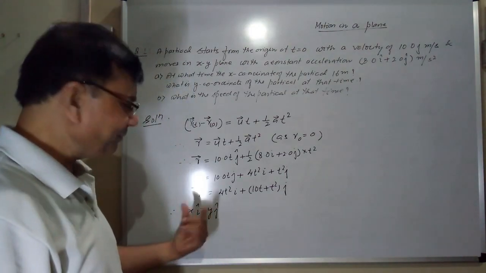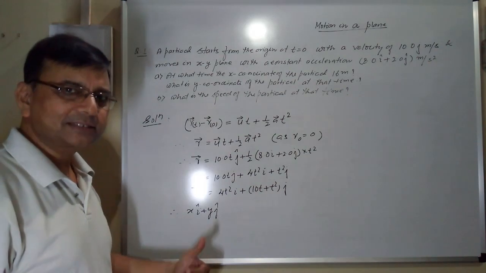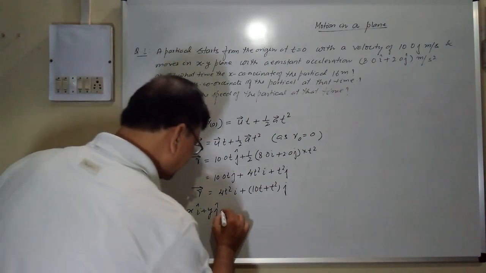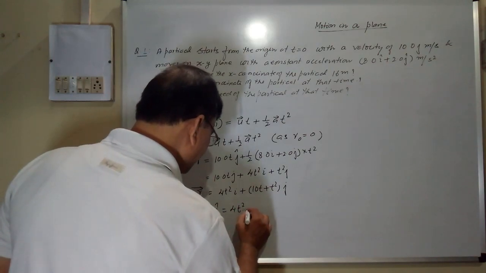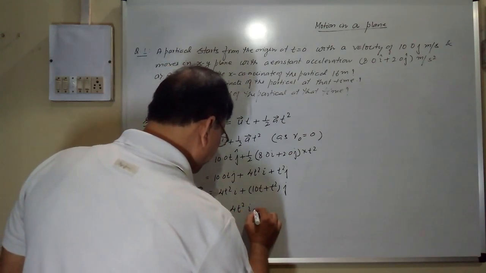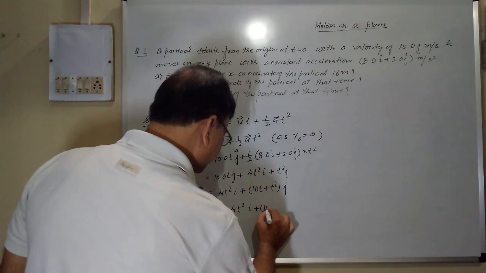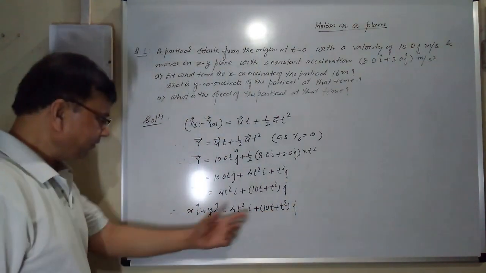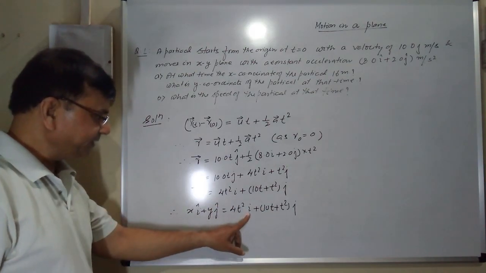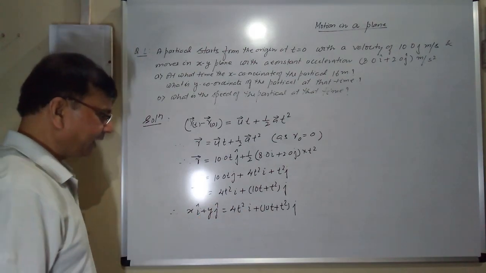Any position vector can be represented in the form of xi plus yj. That is equal to 4t square i plus 10t plus t square j. Now we will compare coefficient of i and coefficient of i over here.